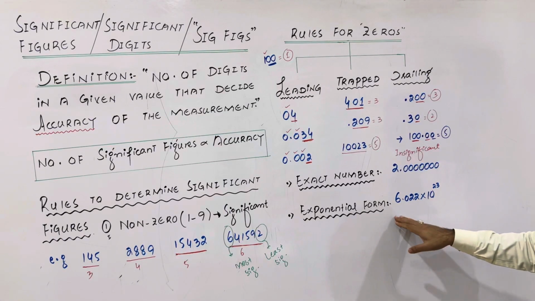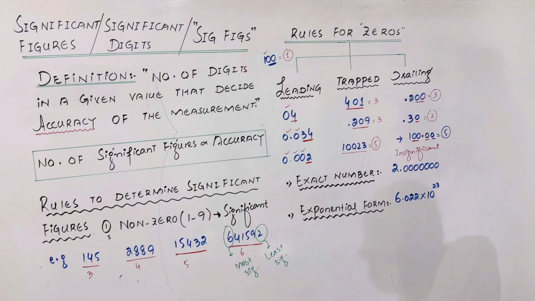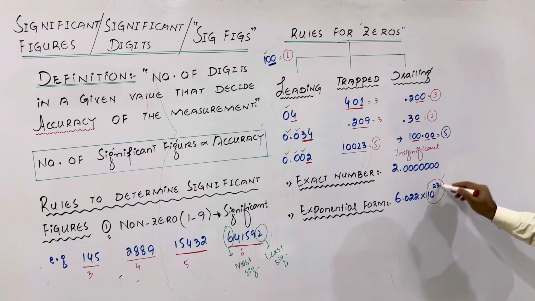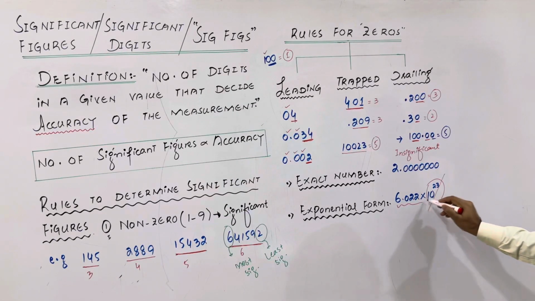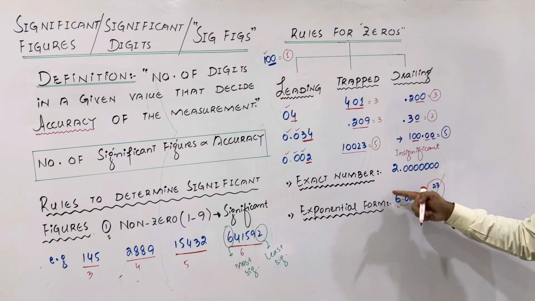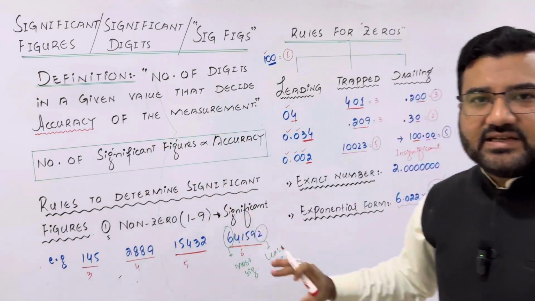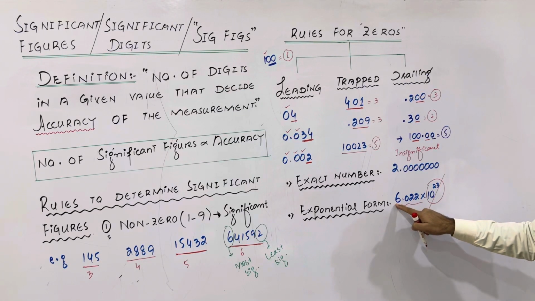And the last one is the exponential form. Just like this one is Avogadro's number, and the exponential form is written. According to the rule, the 10 and its exponent are non-significant. They are not considered significant. Only the value written to the left of this exponent will be considered significant. And in this value, all these rules will be applied, and then we find how many significant figures are present. This one is a non-zero number, so it is significant.